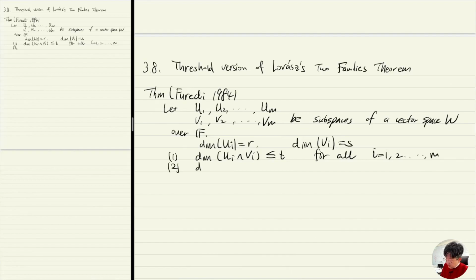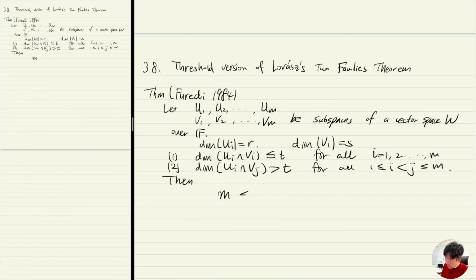And Ui intersection Vj has dimension bigger than t for all i less than j. Then the number of pairs is at most something.